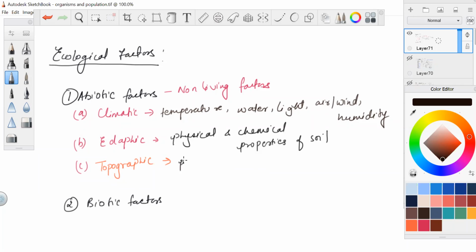So all the physical features of Earth is topography, like altitude, latitude, slope steepness.